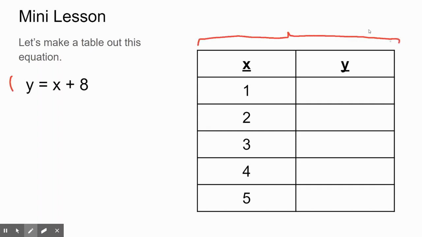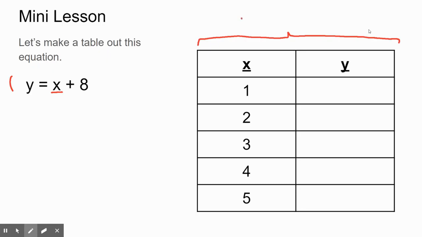Now, what's cool about making a table from an equation is we get to choose the values for our independent variable. You remember from our last video, if you don't, go watch it, that x is almost always the independent variable when you are given some sort of equation.